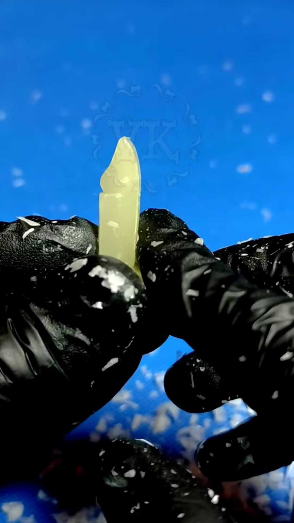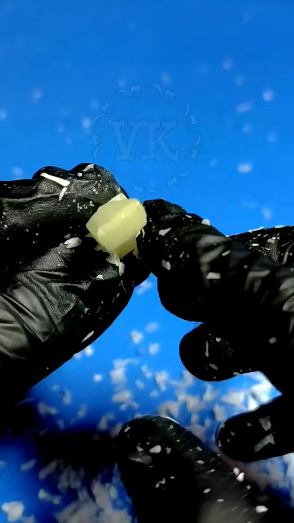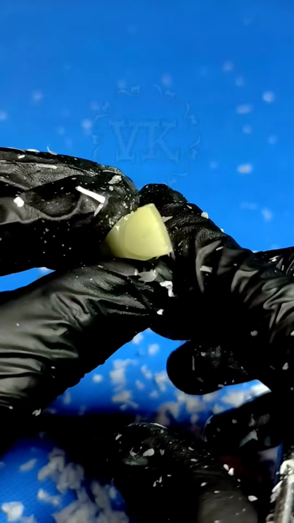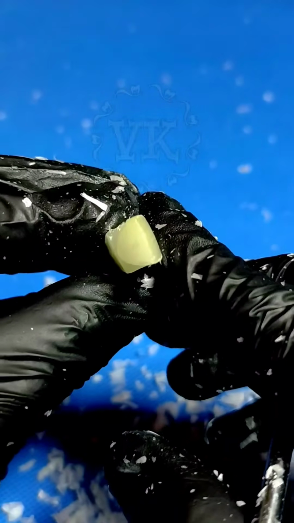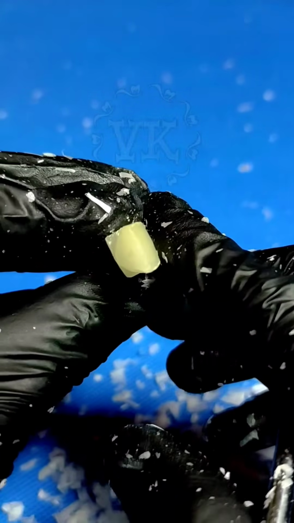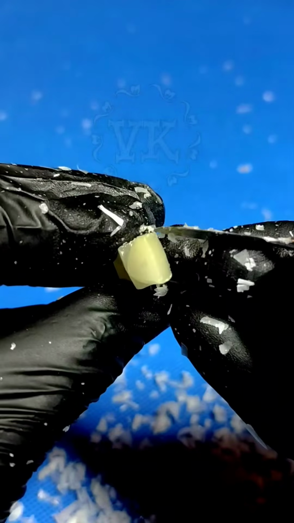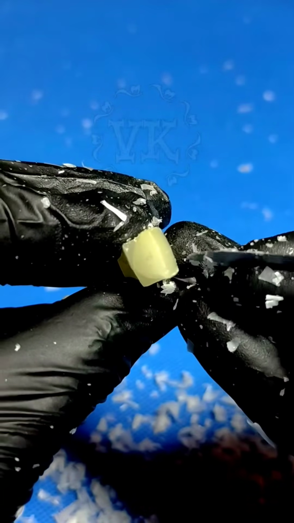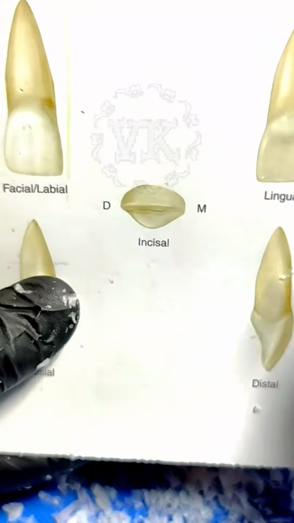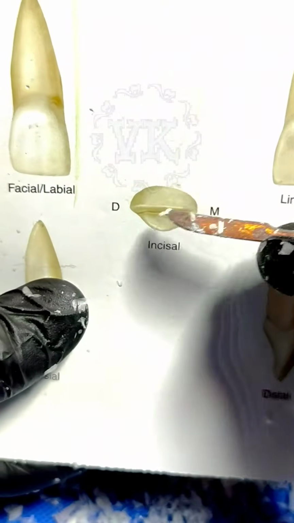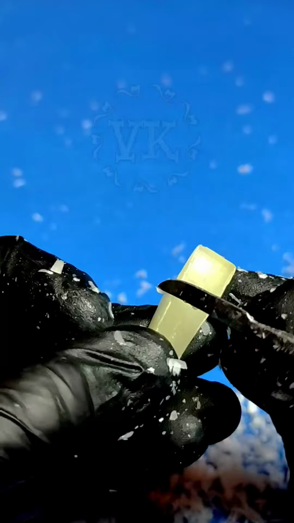Please notice the prominence of the cingulum, then the triangular shape. Again, this corner and this corner have to be also rounded, because the tooth does not have sharp corners here and here. It's a little bit sharp here, so I'm also going to round that off.